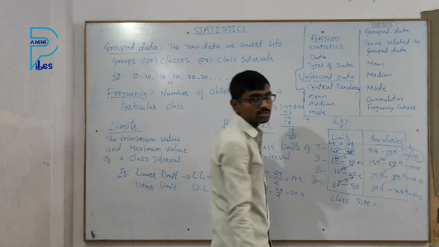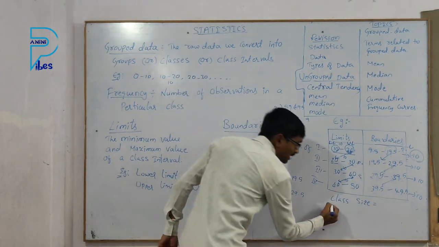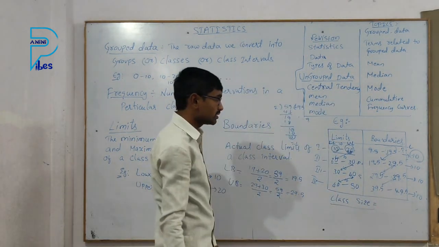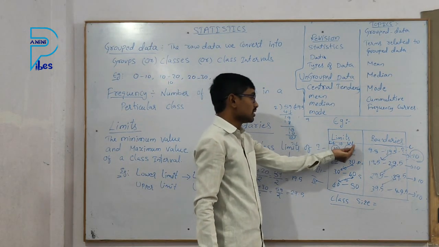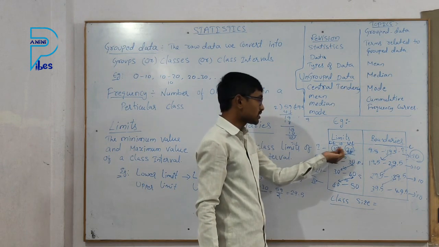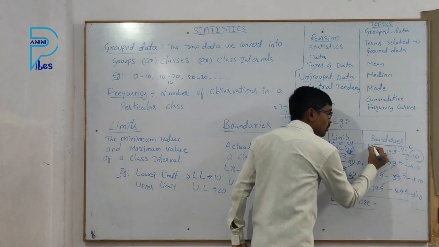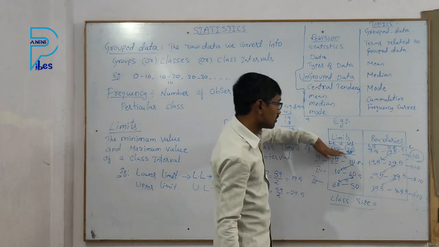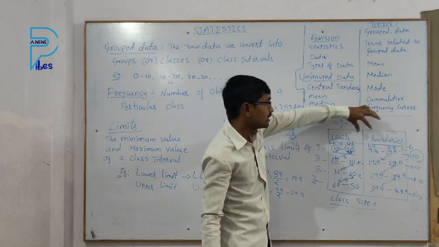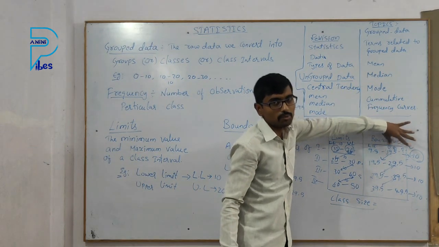These common differences are called class size. If we are taking limits, upper limit minus lower limit; this is the lower boundary, this is the upper boundary. Lower limit, upper limit, this is lower boundary and this is upper boundary.